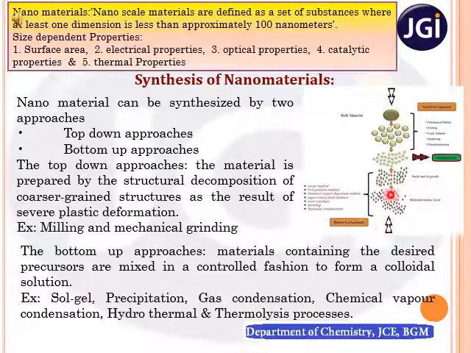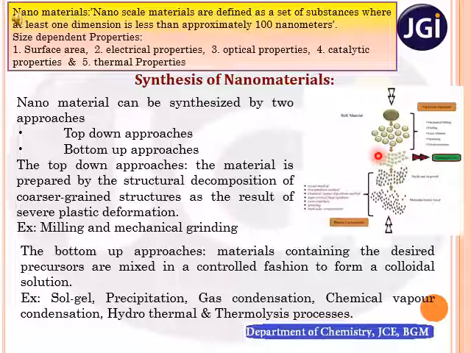top. That is, in case of top-down approaches, the nanomaterial which is to be synthesized is first prepared in bulk material, then that bulk material is grinded to the nanoparticle size. It is generally a mechanical method in which we are including milling or mechanical grinding to reduce the size of the bulk material into nanomaterial.